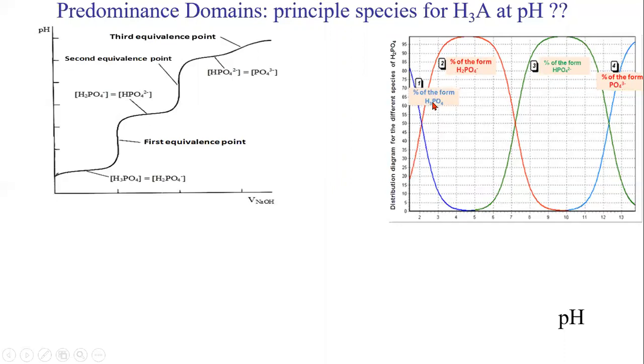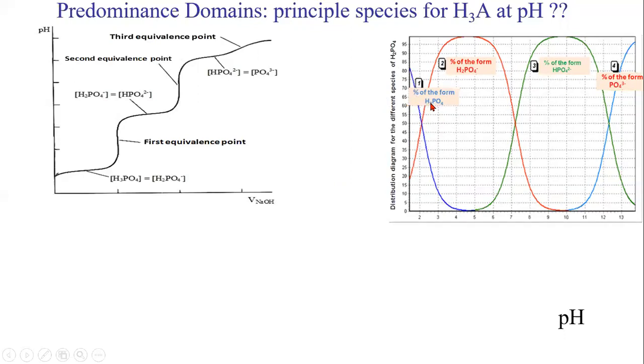So there's no such thing as 100% H3PO4 in solution, because that H3PO4 does dissociate, and its Ka value is quite high. It's a pKa of 2.1. So you do get some of the other species in reasonable amounts, okay? It's still a weak acid though.